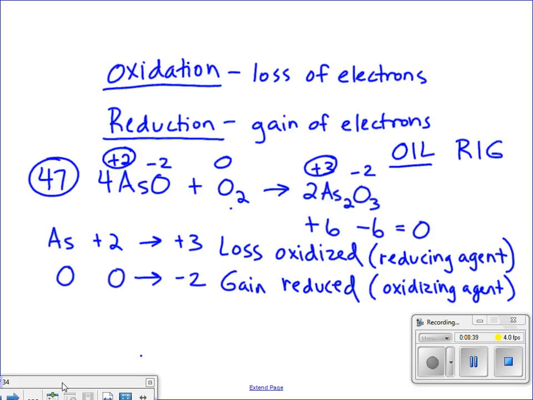If you are reduced, you're the oxidizing agent. Now, question number 48 says to balance a redox equation, which you're not going to have to do, but you do need to know what this means. You must balance the increase and decrease in oxidation numbers.